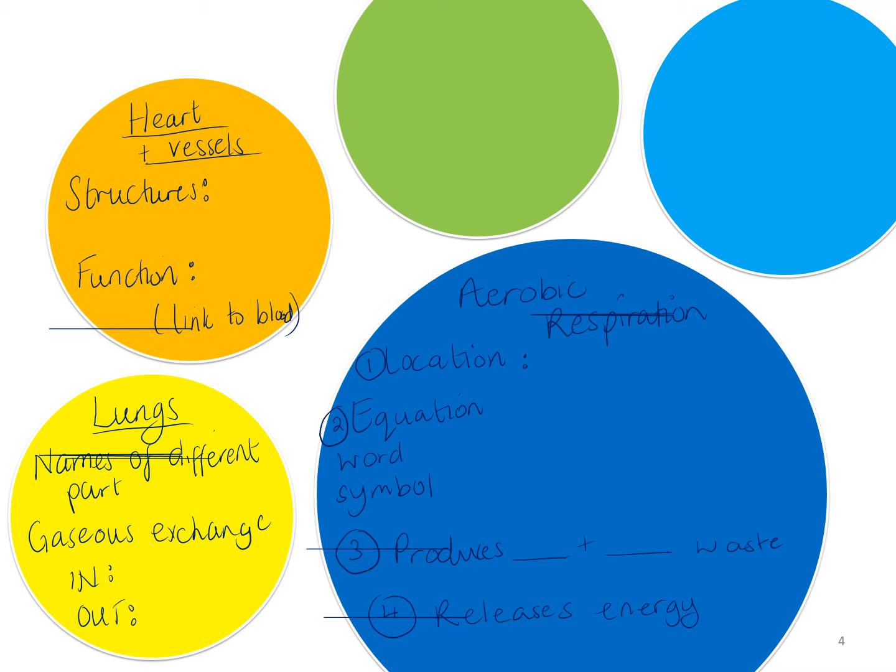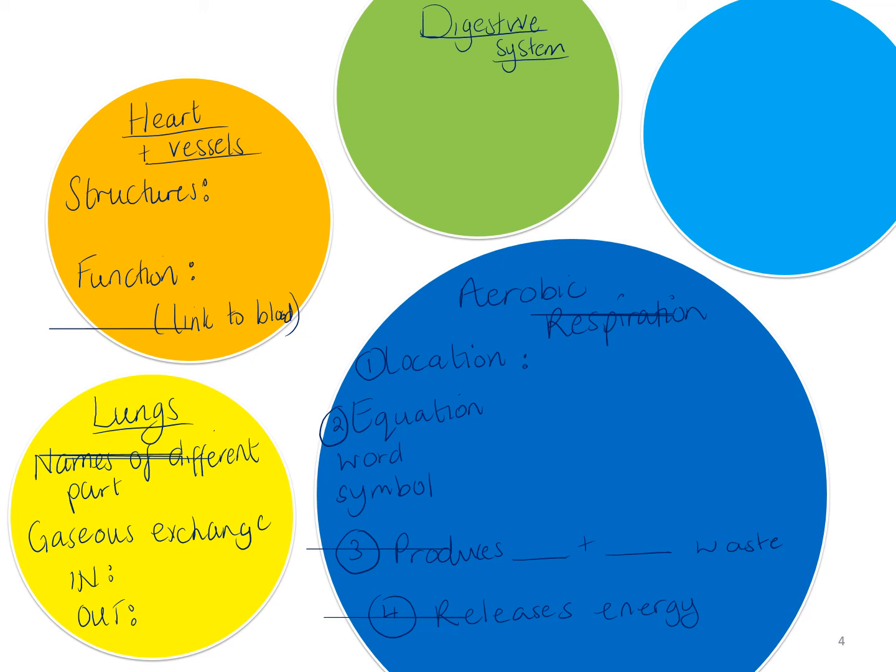What's its role? For the next circle, I would like for you to write down digestive system. What's the role of the digestive system in all of this? What are we going to obtain from the digestive system? It's linked to something that we need for respiration.